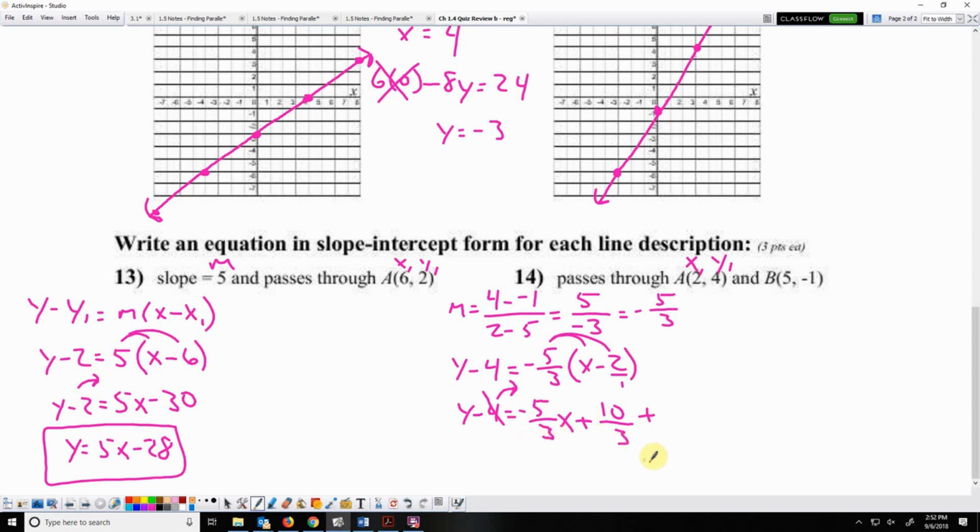And I'm going to go ahead and get a common denominator. So 4, but it needs to have a denominator of 3. So I'm going to multiply 4 by 3/3. And that is 12/3. So we get y equals negative 5/3 x, and then 10/3 plus 12/3 is 22/3.